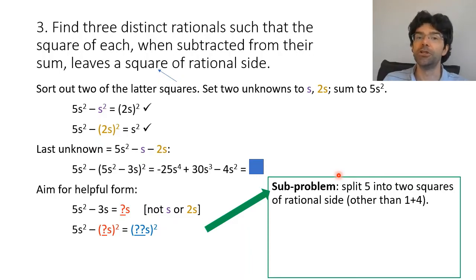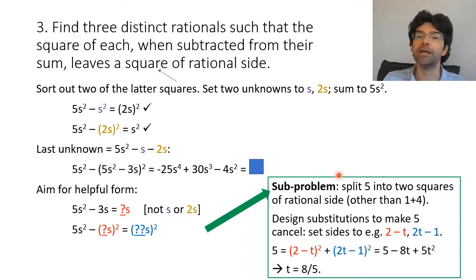We can design substitutions to make that 5 cancel by setting the square sides to, let's say, 2 minus t and 2t minus 1. If we try that, the equation reduces to 5t squared equals 8t, so t equals 8 over 5, and we see that 5 is 2/5 squared plus 11/5 squared.